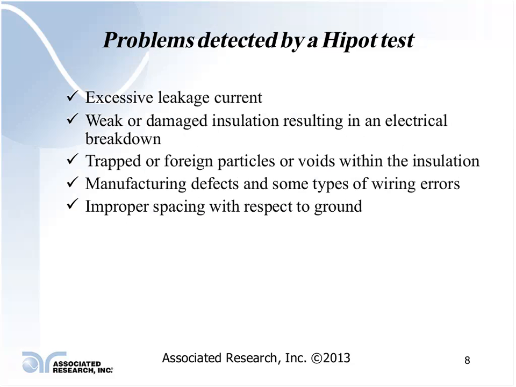What types of problems are actually detected by a Hipot test? One of the major things, you could have excessive leakage current in the product itself. What kind of problem would that create? Depending upon the type of product, let's say it's a Class 1 product, and Class 1 is designed to have any exposed dead metal connected to earth ground.